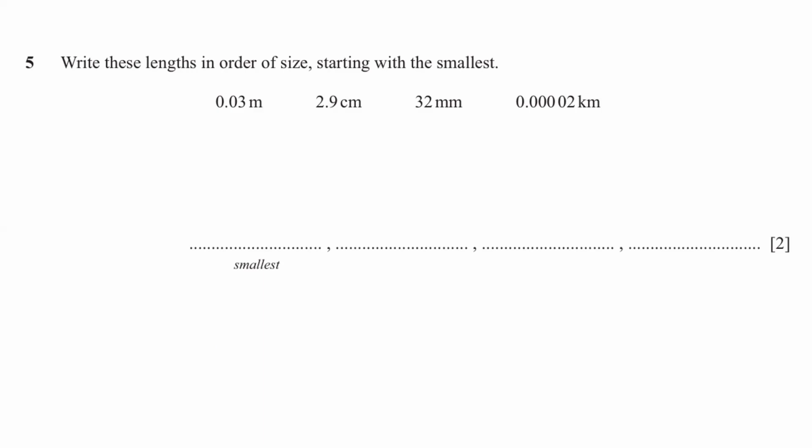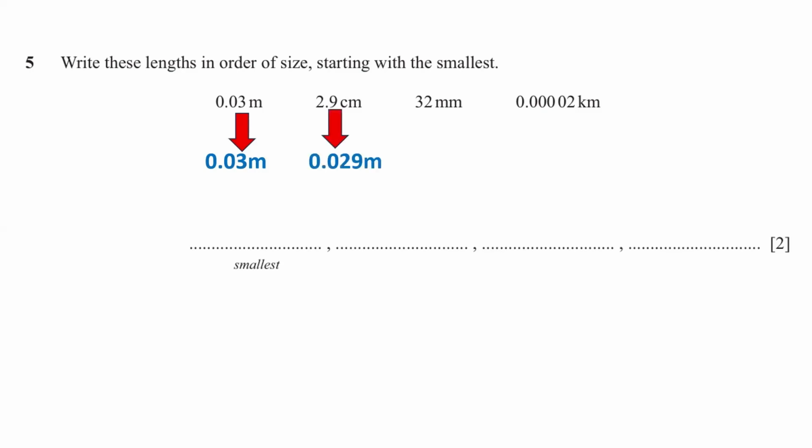Now for question number 5, we will first convert everything to the same unit to enable us compare. Let's convert all to meters. The first quantity is already given in meters, so we move to the second quantity, which is 2.9 centimeters. We divide by 100 to convert to meters, and that gives us 0.029 meters.